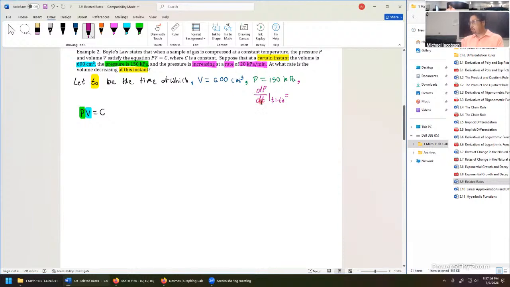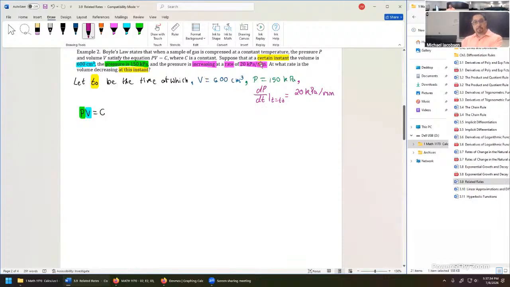At a rate, that's the derivative here, dP dt, 20 kilopascals per minute. The kilopascals is the unit for pressure per minute. The minute is the unit for time, the bottom part of the Leibniz notation derivative.